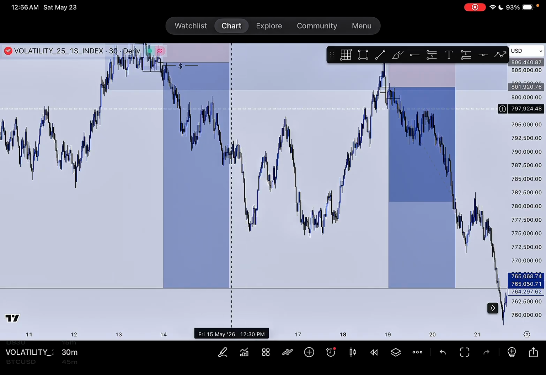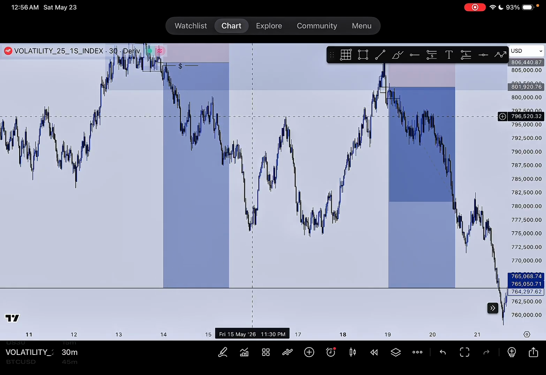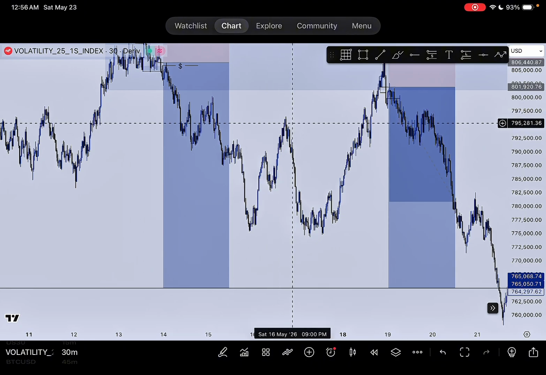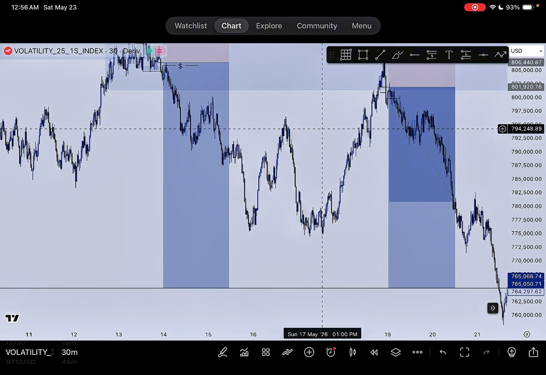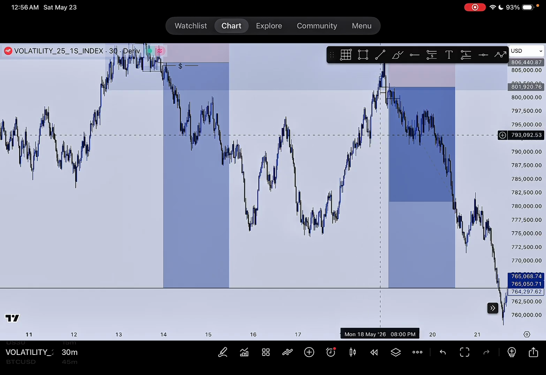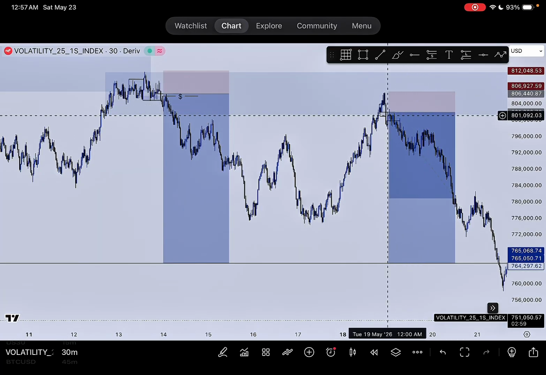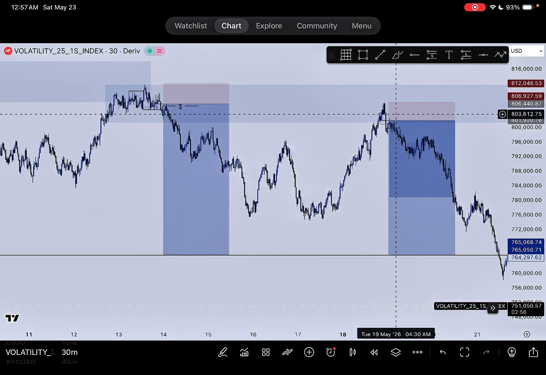I had to wait from Wednesday, Thursday, Friday, Saturday's weekend. So Saturday aside, Sunday aside, then Monday, Tuesday, before this trade. This trade played out on Tuesday.